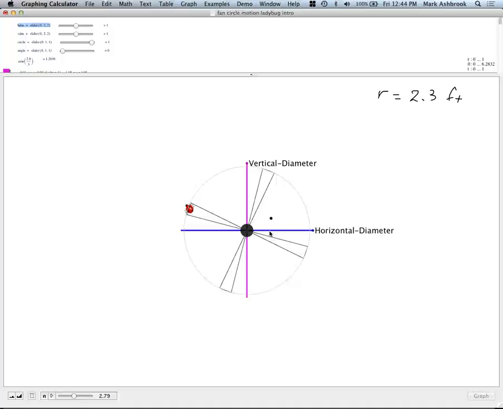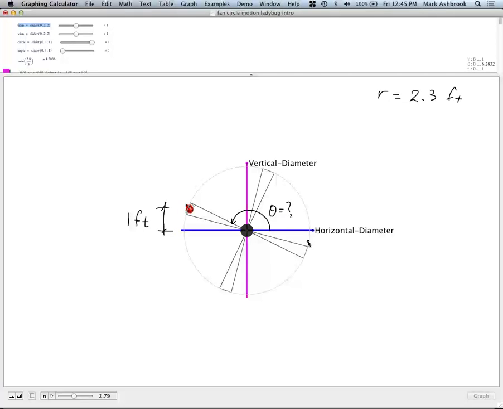Currently, the bug has started his journey, and he is 1 foot above the horizontal diameter. He's 1 foot up. And the question is, what angle has the fan swept counterclockwise from the 3 o'clock position?